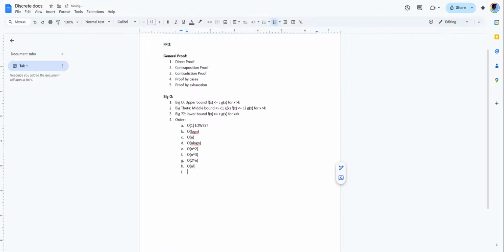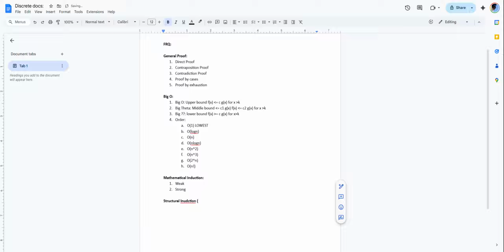Okay. Then we have mathematical induction, and this one will have both weak and then we'll have strong. And then the last part should just be structural induction.